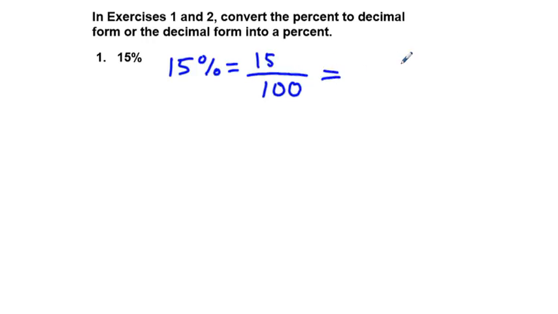And to perform that arithmetic, to divide by 100, we move the decimal places in a base 10 number like 15, 2 places to the left. So we move 1 place, 2 places. And so our answer is going to be 0.15.